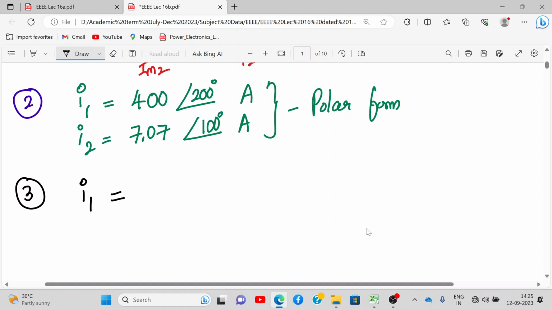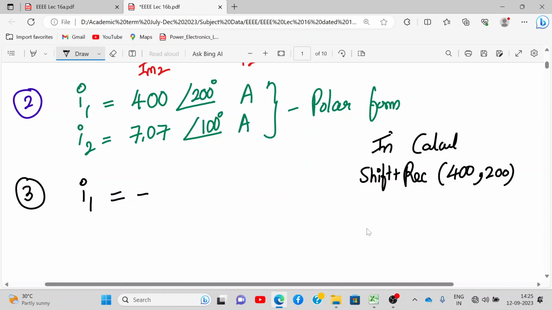So in the calculator, what will you do? Rect 400 comma 200. Okay. What will you get? Tell me the answer. In the calculator, press shift plus rect. Minus 375.87, right? Minus 375.87 minus.